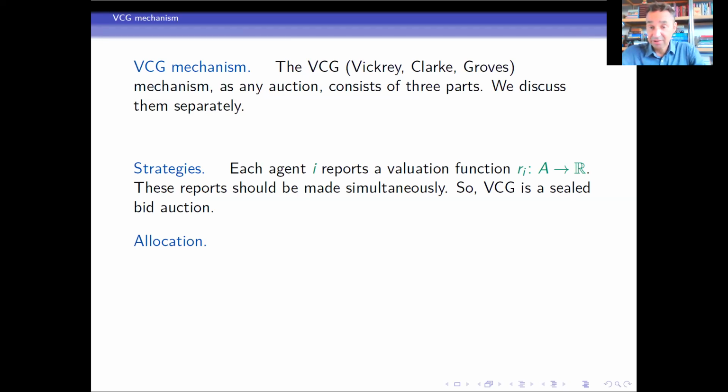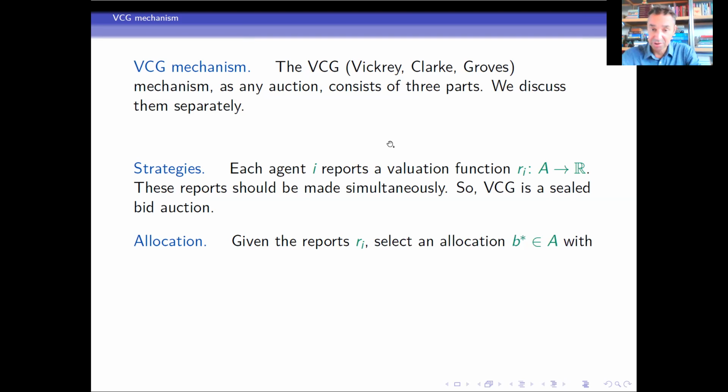And the allocation is fairly simple. We don't know the v_i's, and what we want to do is maximize the total valuation or total utility, the sum of the v_i's. Unfortunately, we can't do that because we don't know the v_i's. So what we do instead is the second best thing: we maximize total reported valuation. We very naively act as if everybody reported truthfully. So we take the r_i's that are reported as the truth, and we use those to find a total utility maximizer.